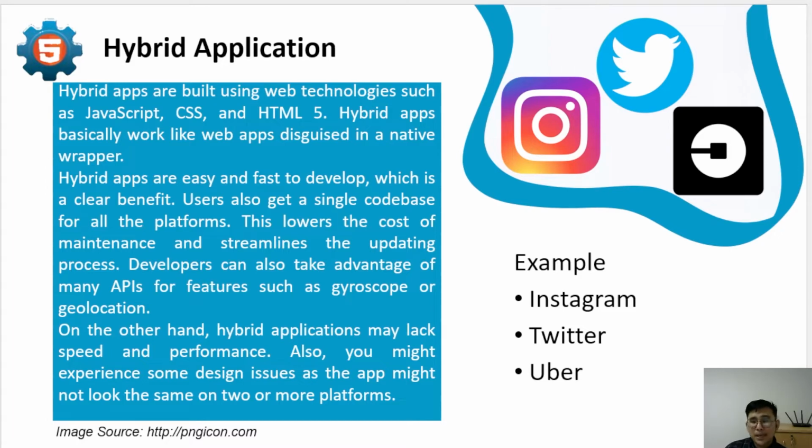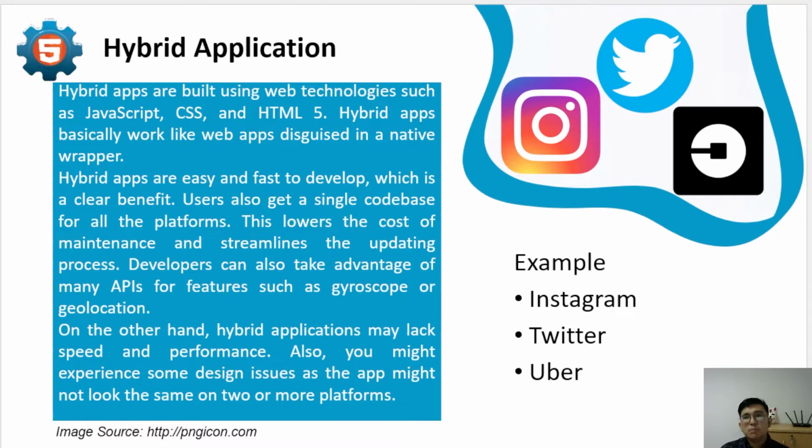For hybrid applications, we have Instagram, Twitter, and Uber, for example. So this is the main use of hybrid applications. It's quite different from the two previous ones because it's usually used in huge companies.